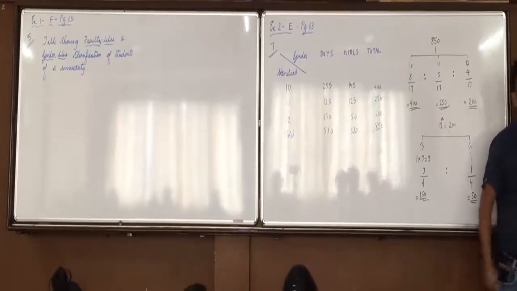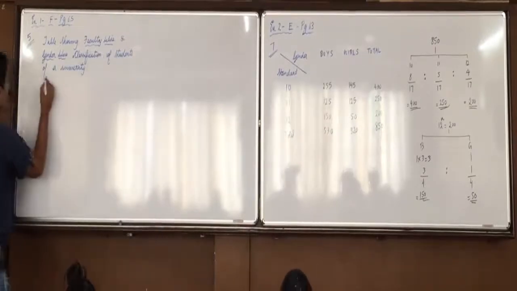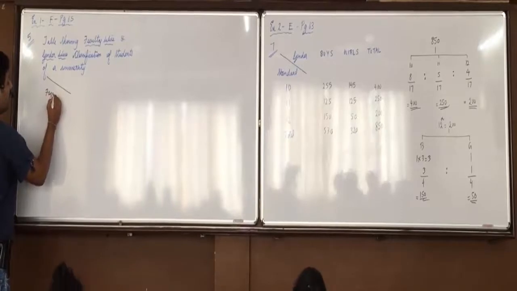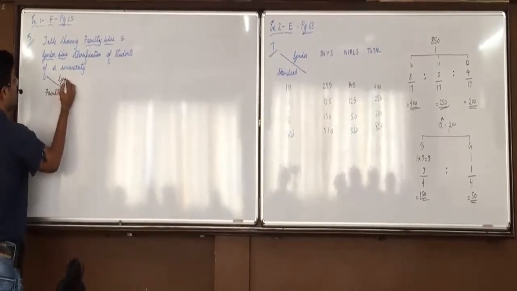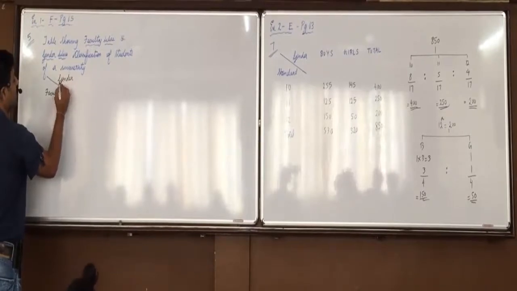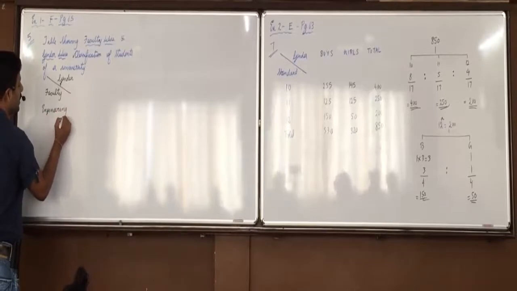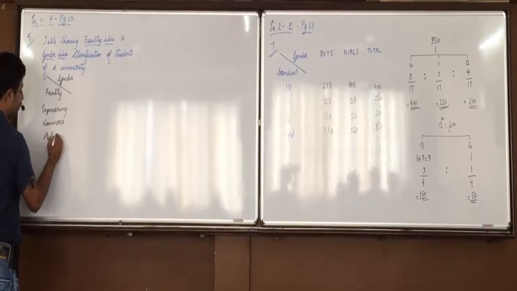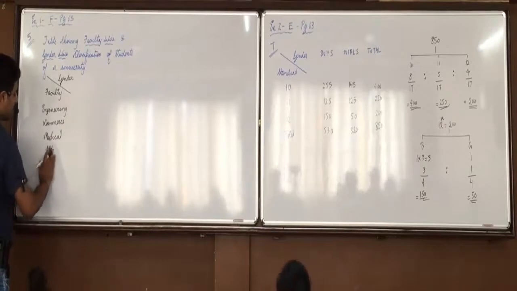So, 2 attributes means this diagonal, underline, rows we will have faculty and columns we will have gender. In faculty, first we have seen engineering, next line we have seen commerce, third line we have seen medical, fourth line we have seen science.